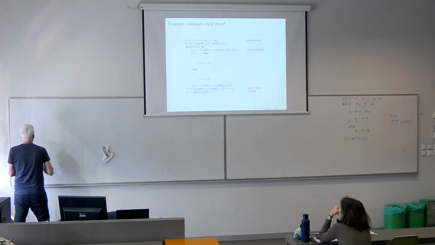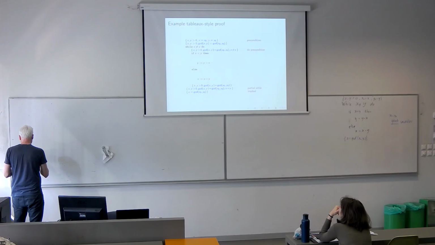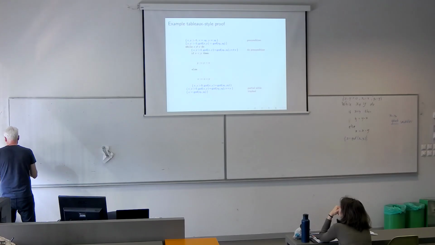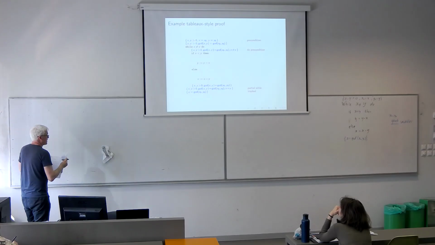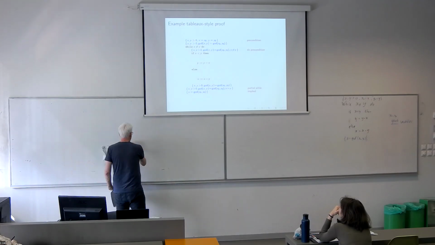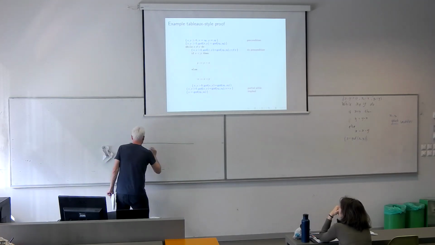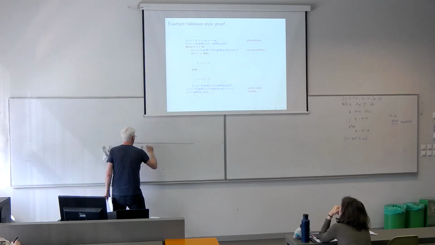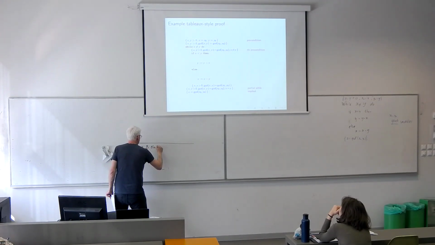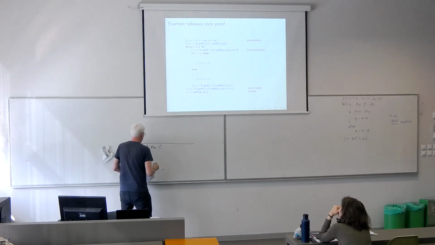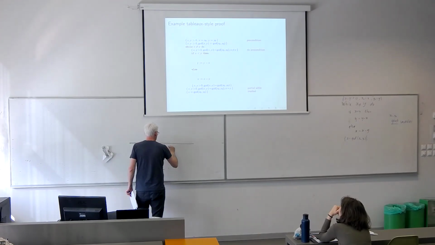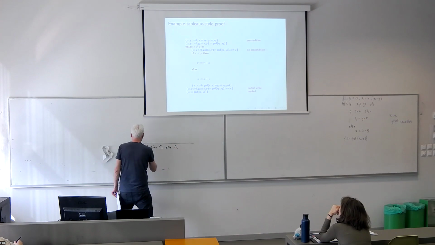So how do we verify an if then else statement? Well, maybe I'll again write it as a rule. It's quite easy to understand what these rules say. An if then else statement will have the form if B, then C1, else C2.